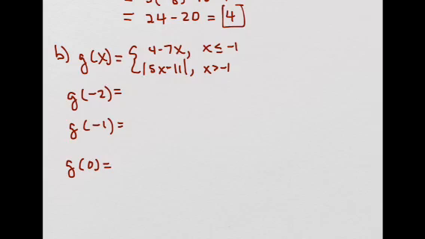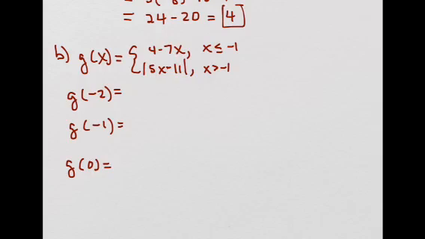Okay, so letter B is a piecewise function because it's a function that is broken up into more than one piece. In this case, 2 pieces. We have this one and this one. This is the domain. This is what tells us which part to pick, either the first or the second. So when x is negative 2, I'm looking for which piece I find negative 2 in, if I have the domain broken up into 2 sections.